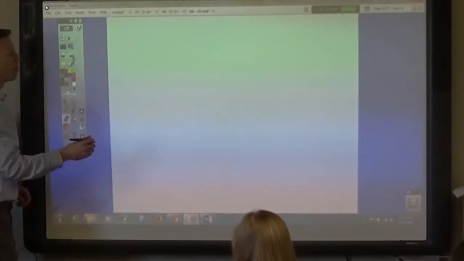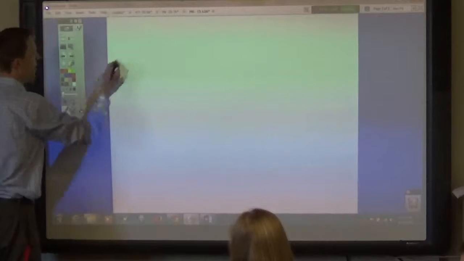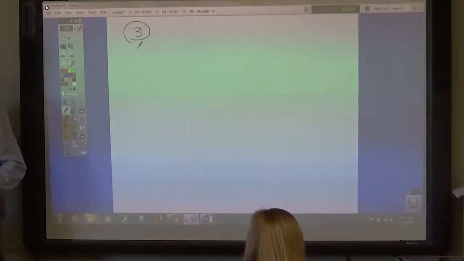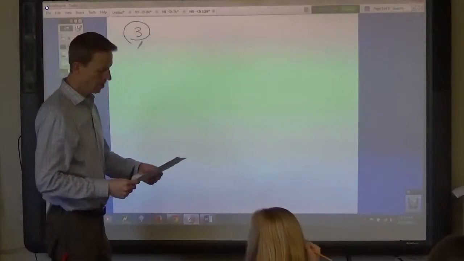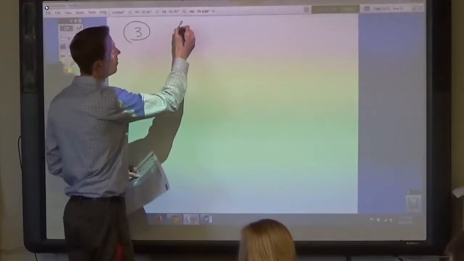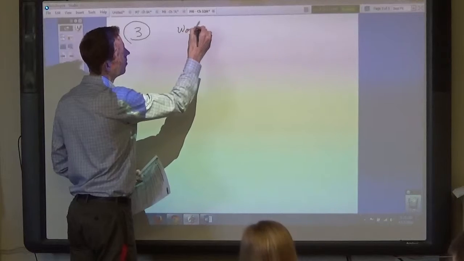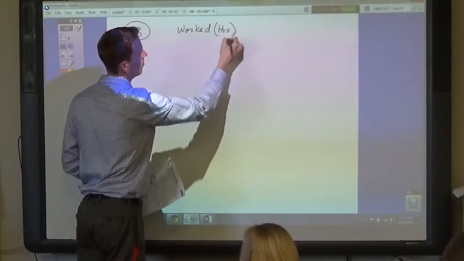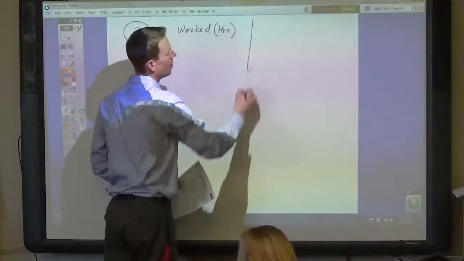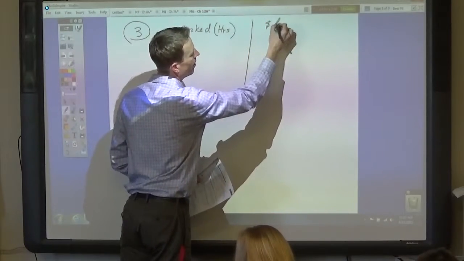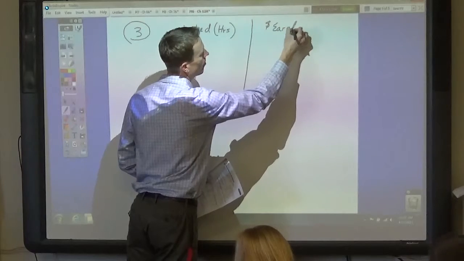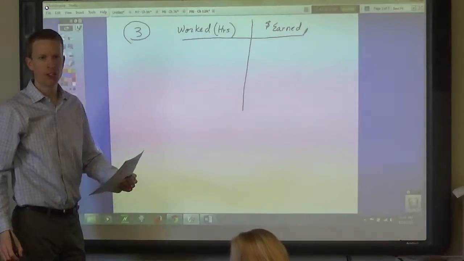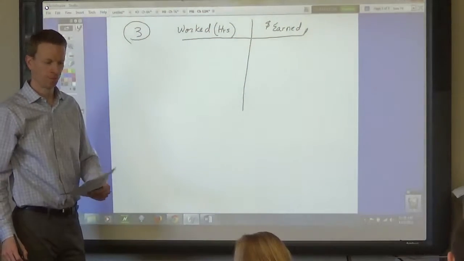Let's do one more together. Number 3 gives you an example of how functions are used. Hours worked and money earned. How much did they earn in the first hour?